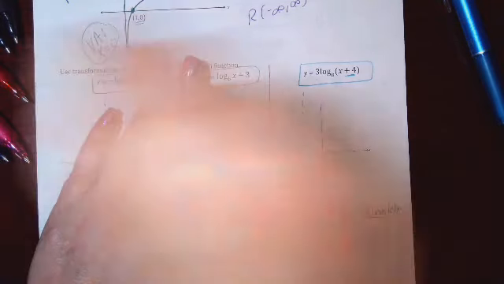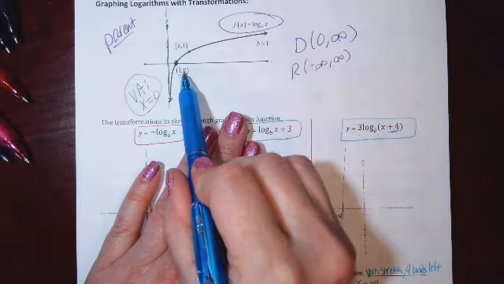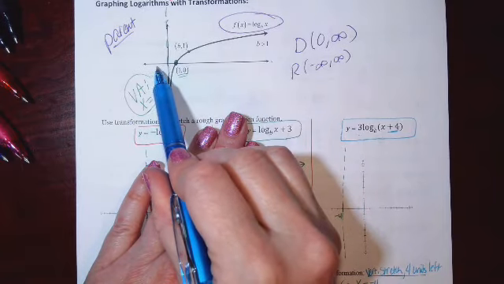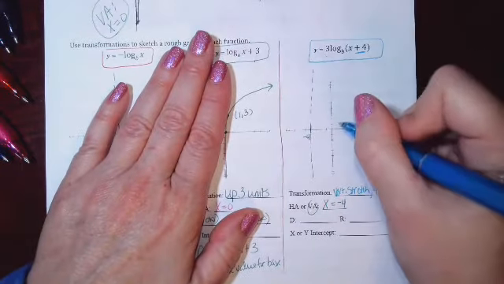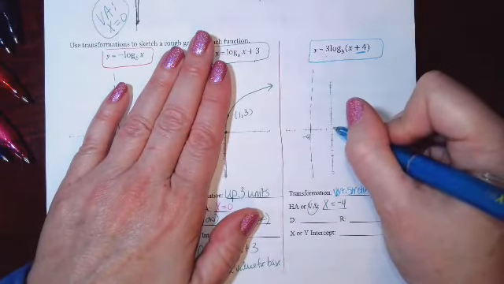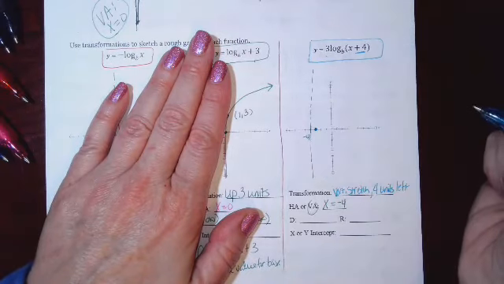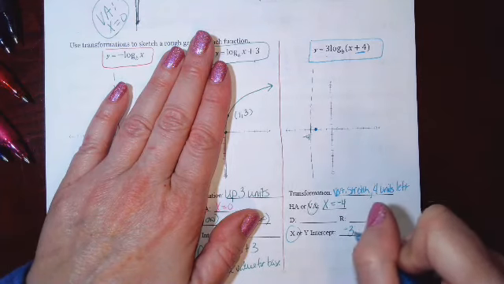The other thing I need to shift is my x-intercept, 1, 0. I am not going up or down with it, but it is moving 4 units to the left from 1. 1, 2, 3, 4. It is still my x-intercept, but now instead of at 1, 0, we are at negative 3, 0.